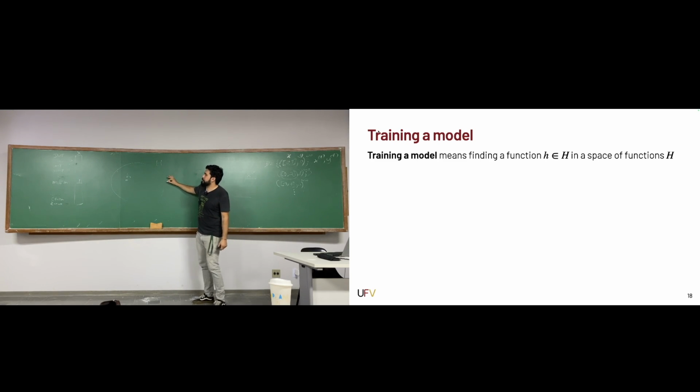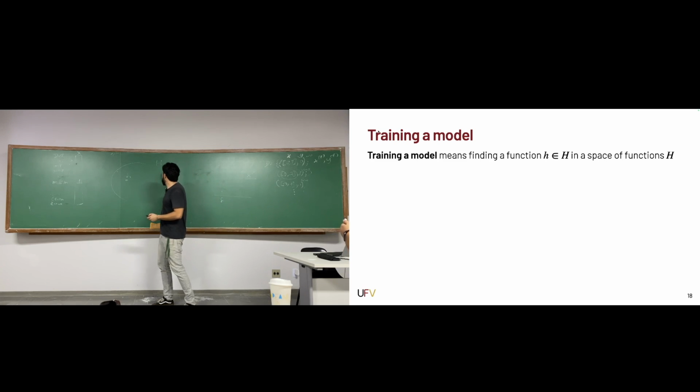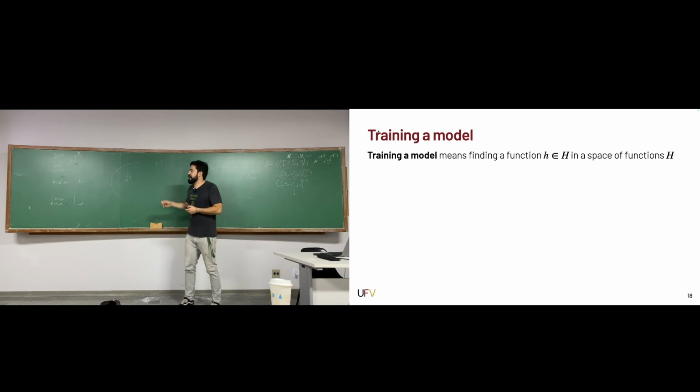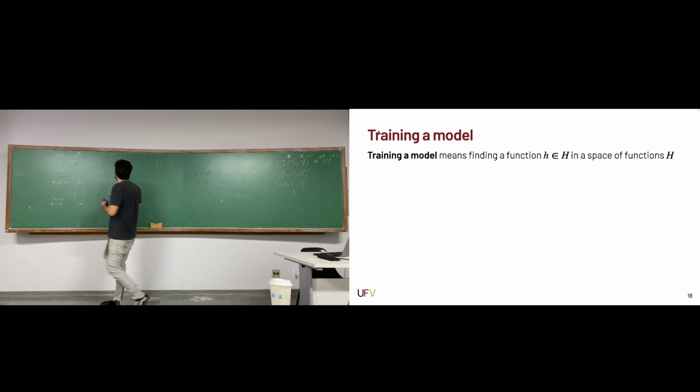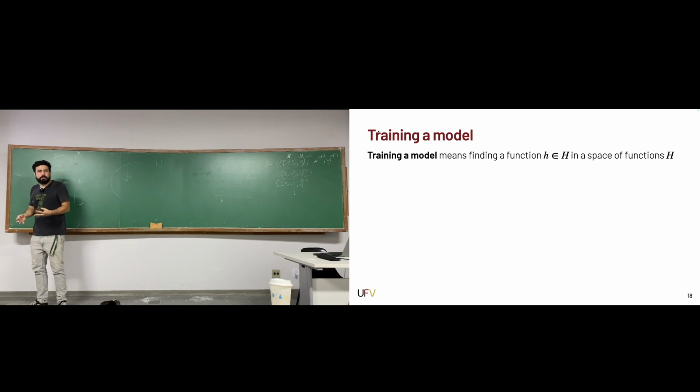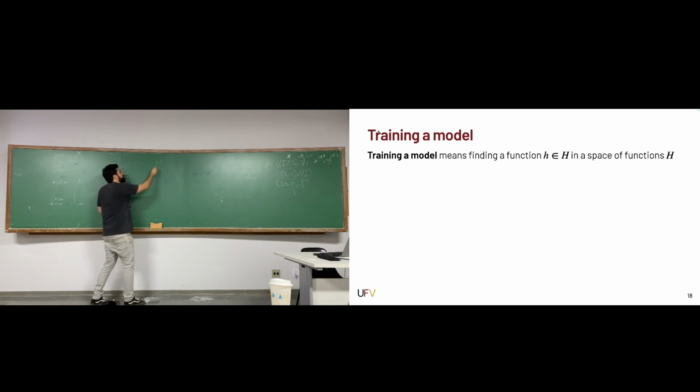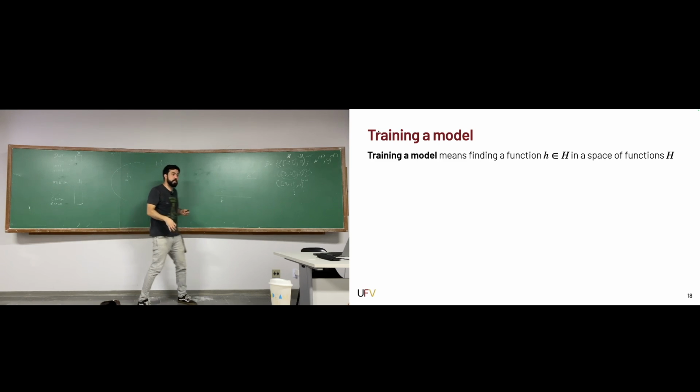And it's important to formalize it this way because H is a set. It could be an infinite set, but it's a set. And I need to define this because otherwise I can't search. If I don't have a formal space to limit the amount of things I can look for, there's no search you could run. So the capital H is the space of functions we can look for.